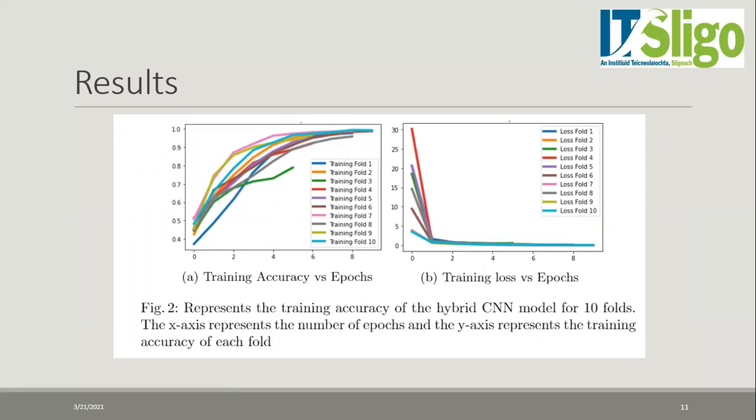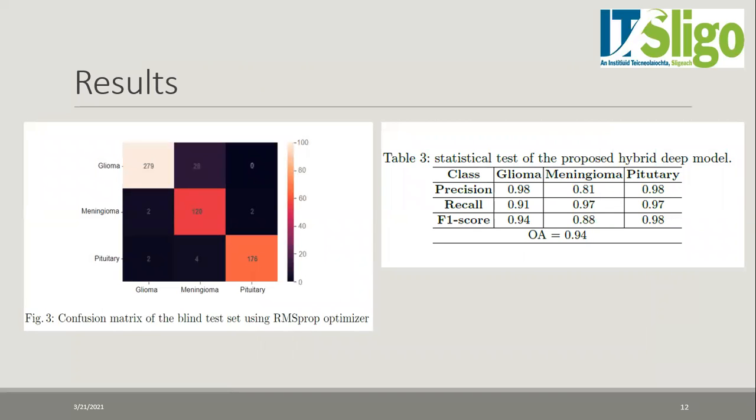The image shows the learning curves of our model with very good results in every fold of training, fold 1 to fold 10 accuracies and loss. This confusion matrix for statistical evaluation shows that glioma has 28 misclassifications as meningioma, as the MRIs were very similar to one another.